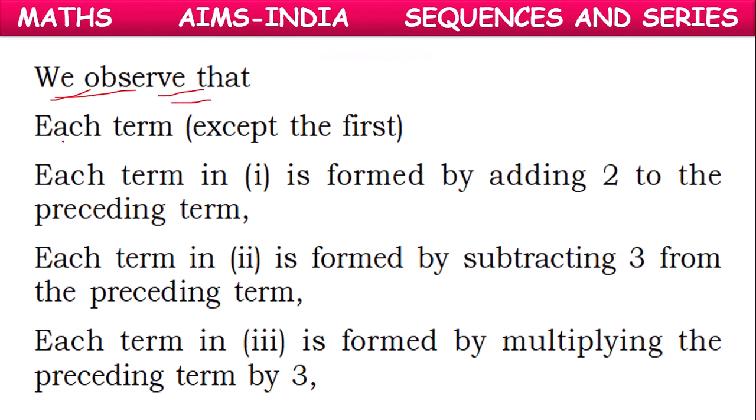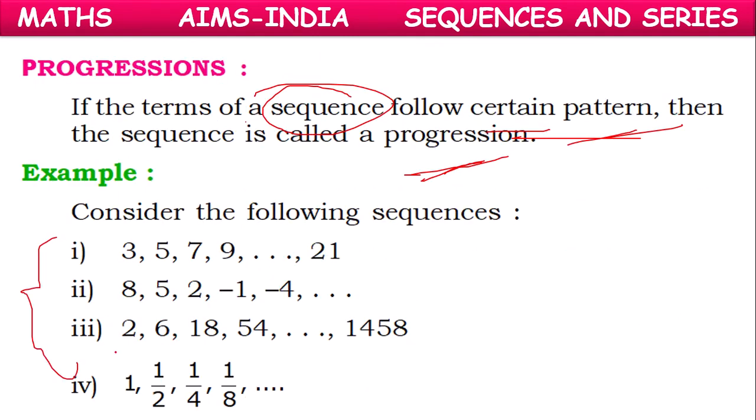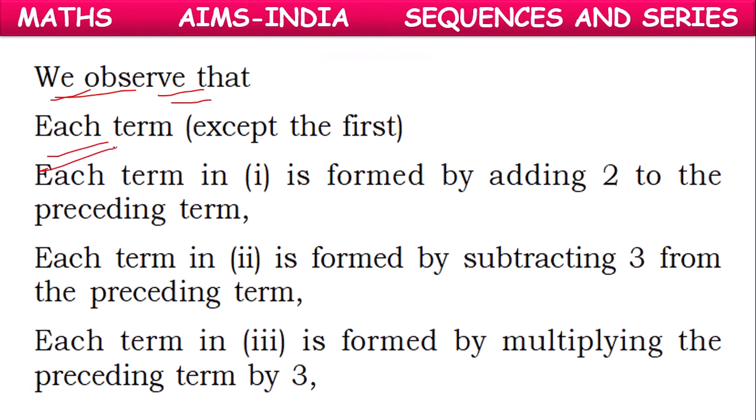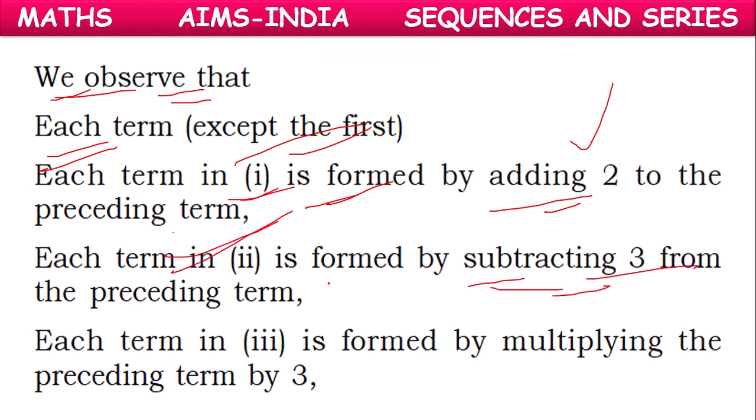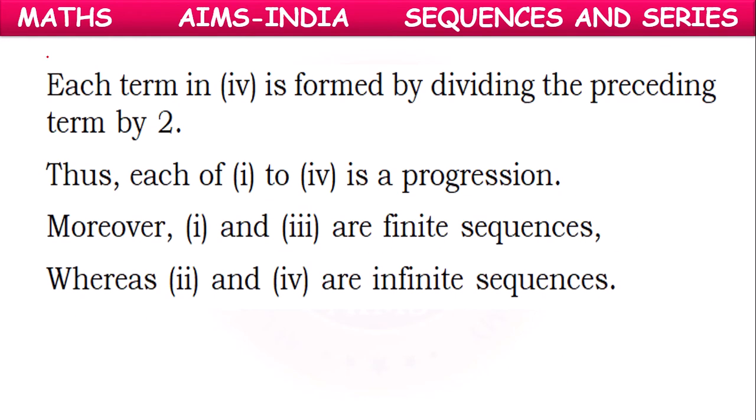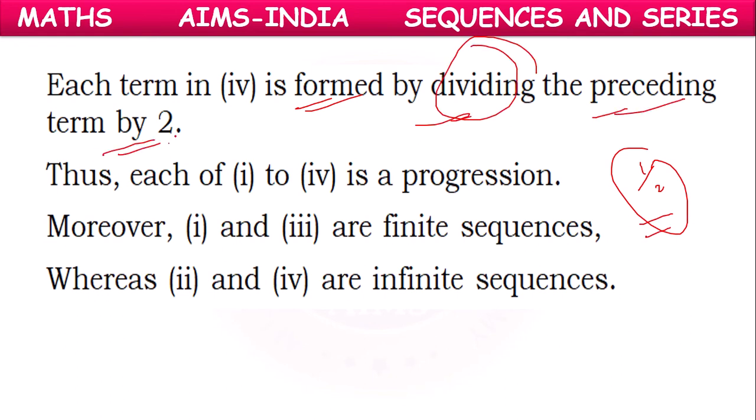So we observe that in all the four examples, each term except the first term is formed by adding 2 to the preceding term in the first example, subtracting 3 from the preceding term in the second example, multiplying the preceding term by 3 in the third example, and multiplying the preceding term by 1 by 2, or indirectly dividing the preceding term by 2, in the fourth example.